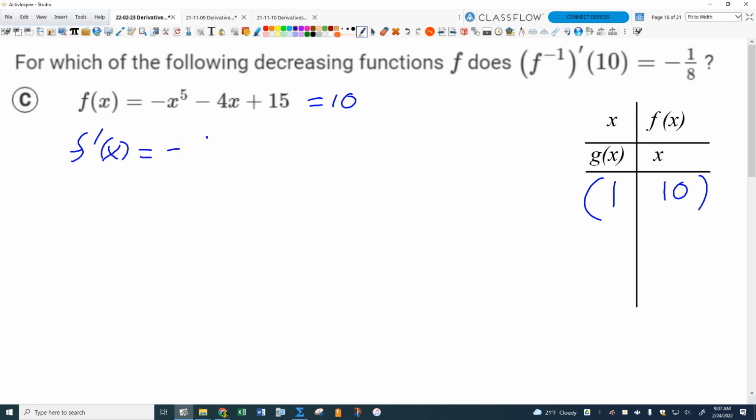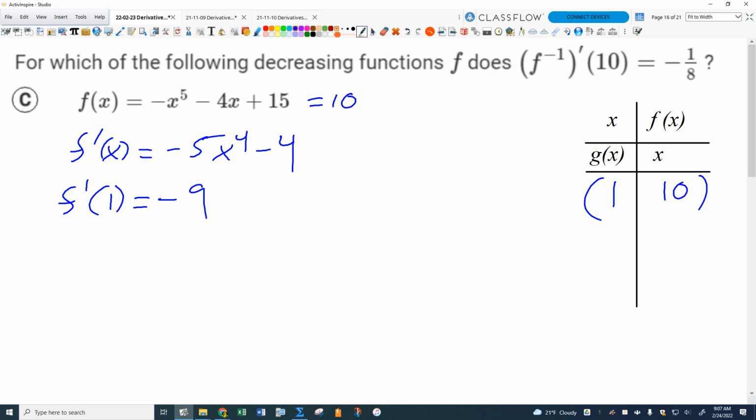F prime of x is negative 5x to the 4th minus 4, right? And so f prime of 1 is negative 9, right? And so we don't get what we need, do we?